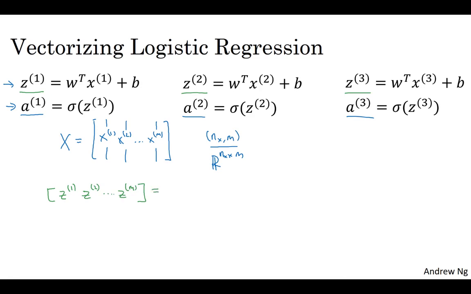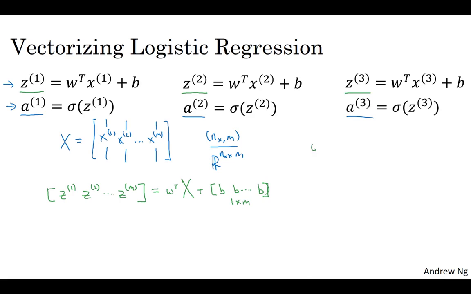It turns out that this can be expressed as W transpose, the capital matrix X, plus a vector [b, b, and so on, b], where this thing is a 1 by m vector, or 1 by m matrix, that is an m-dimensional row vector.